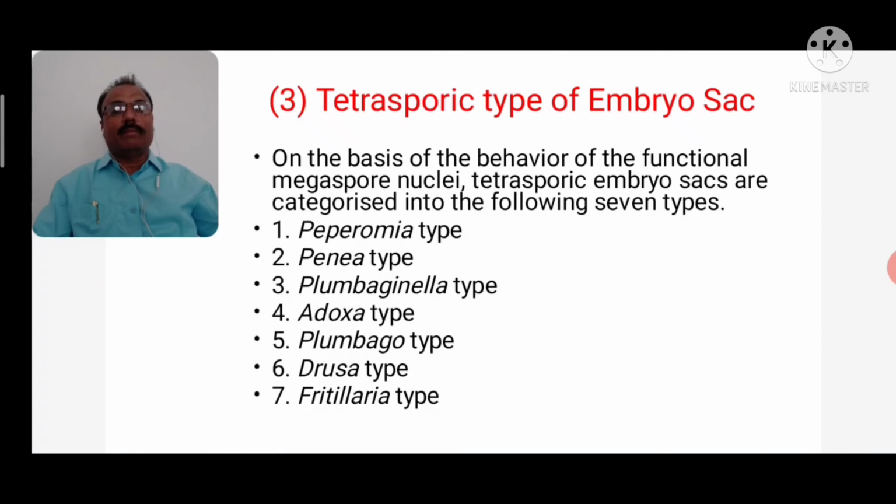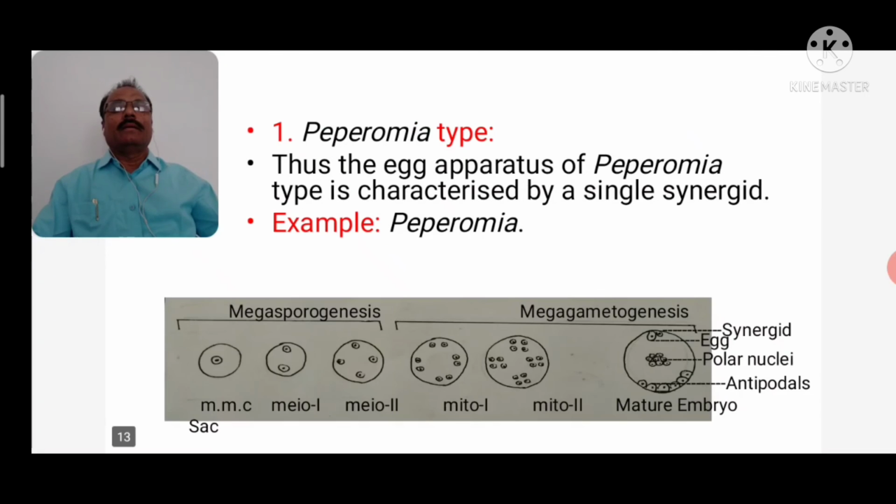Number 1, Peperomia type. Second, Penaea type. Third, Plumbagella type. Fourth, Adoxa type. Fifth, Plumbago type. Sixth, Drusa type. And seventh, Fritillaria type.